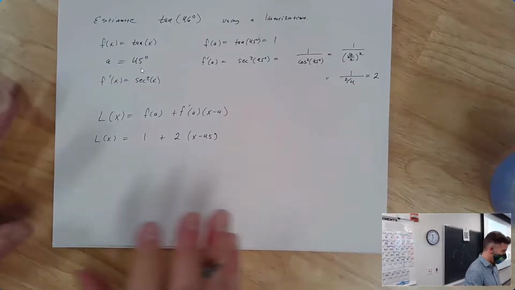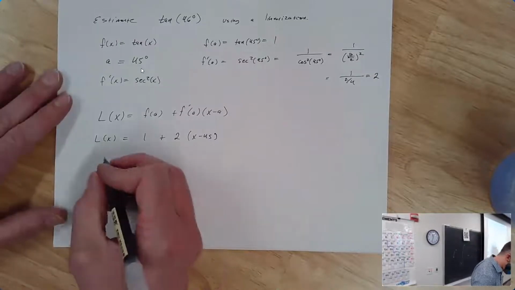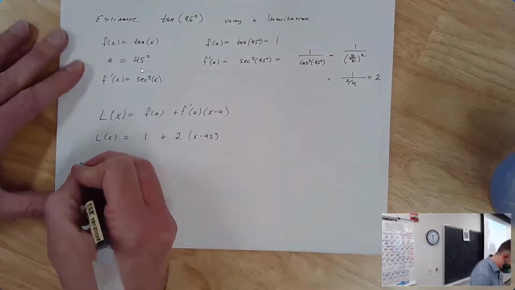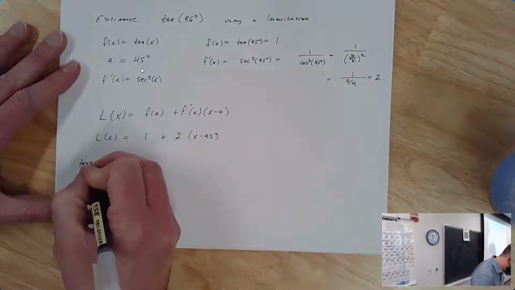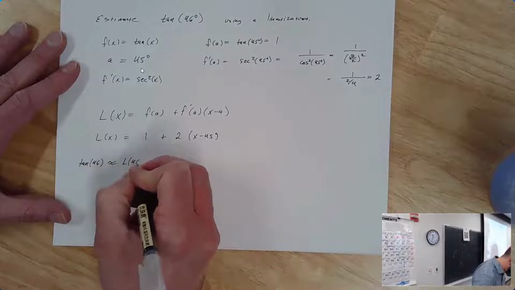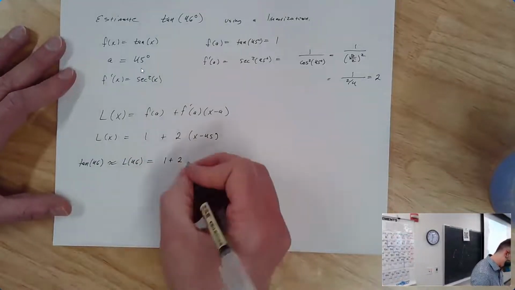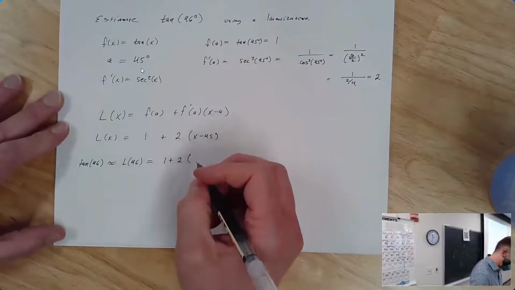Okay, so here it comes. Well, actually, I've already made the mistake, but now it's going to amplify and we're going to see how it's a mistake. So I'm going to try to approximate tangent of 46 degrees, the linearization of 46, which is going to be 1 plus 2 times, I should have done 44.